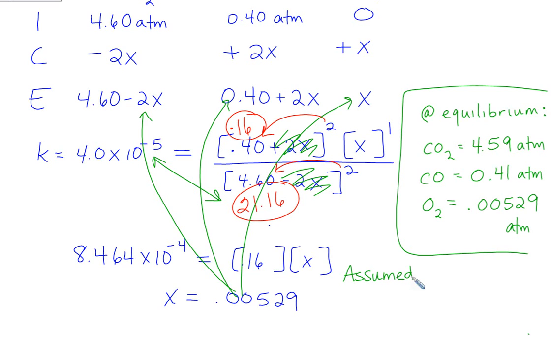For the carbon dioxide, when I used my calculations, I just used 4.6 atmospheres. Now that I calculated carbon dioxide, I got 4.59.